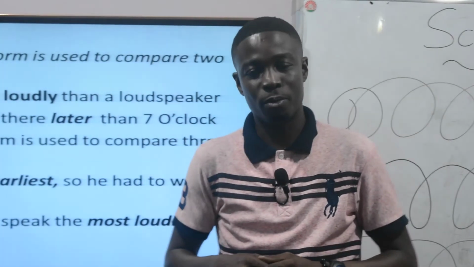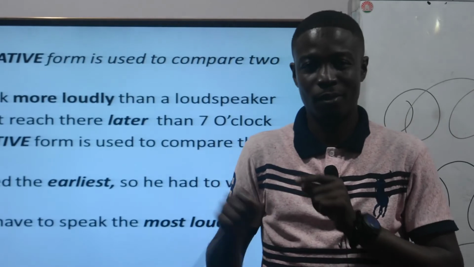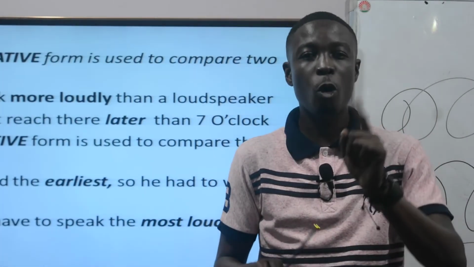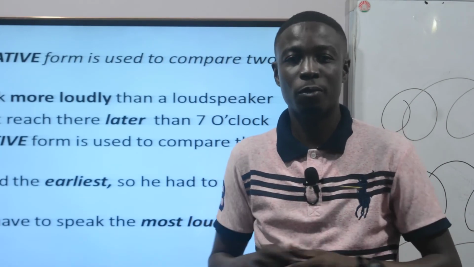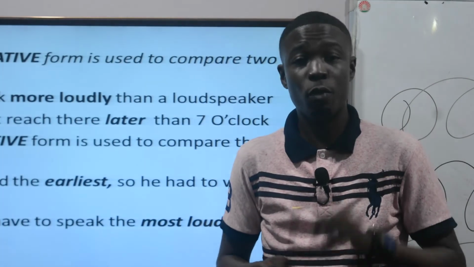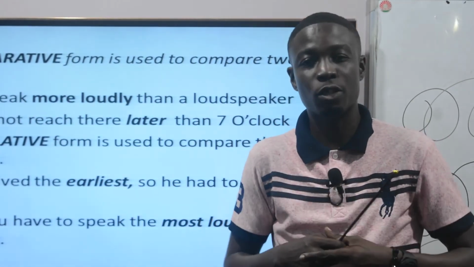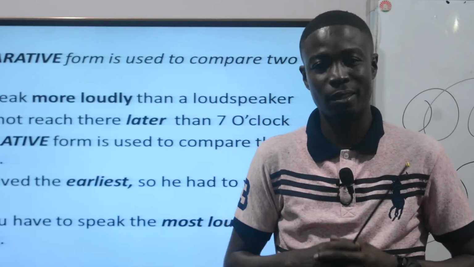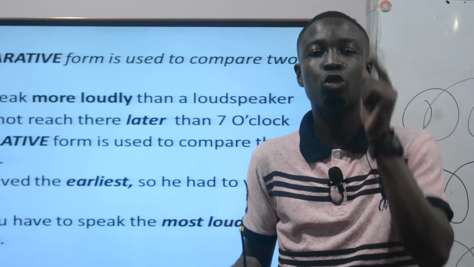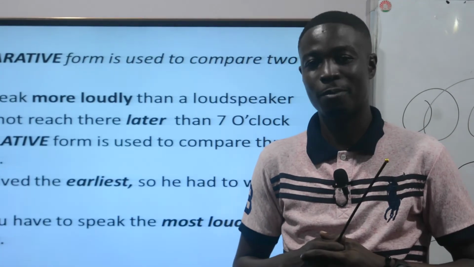Let me give you an example. Kofi is more taller than Yao. That is a wrong statement, because we don't use more and then an er word, that is taller, in one sentence. So the correct sentence should be Kofi is taller than Yao and not more taller than Yao.